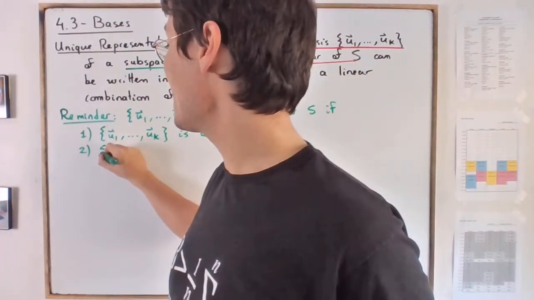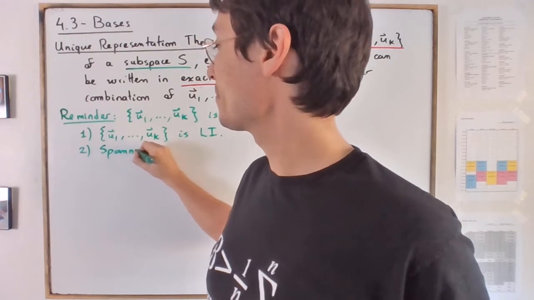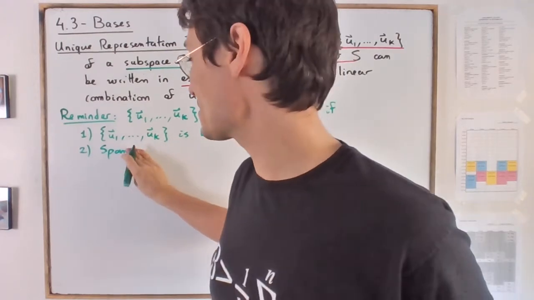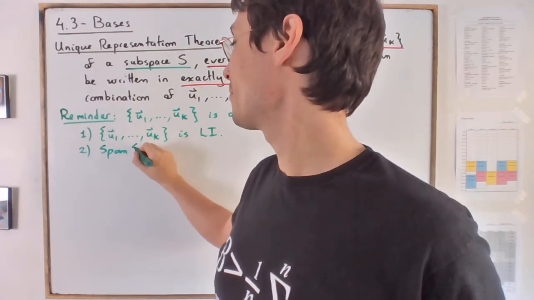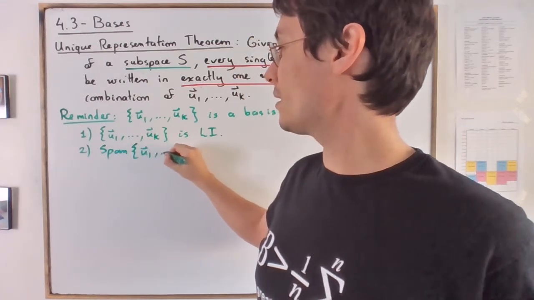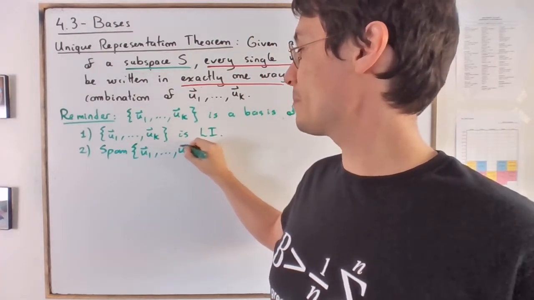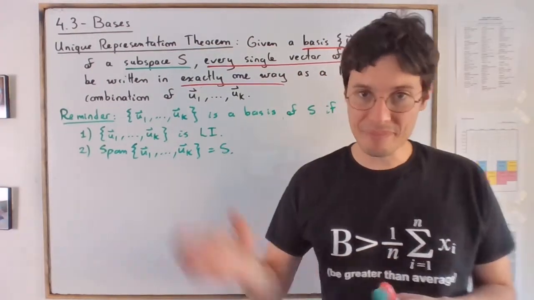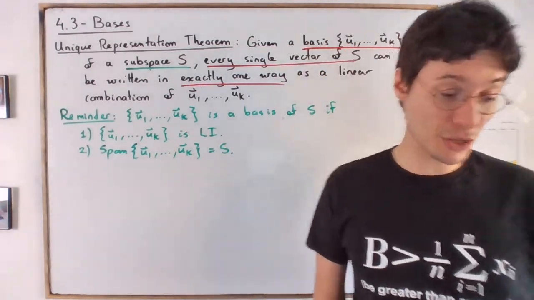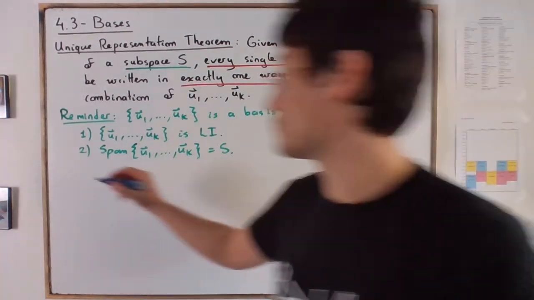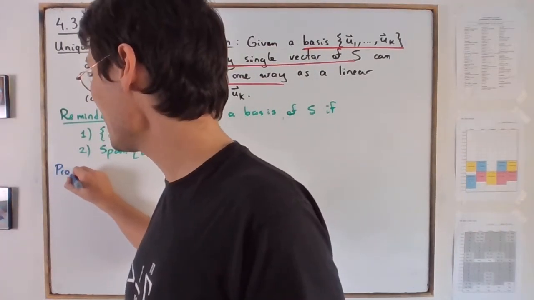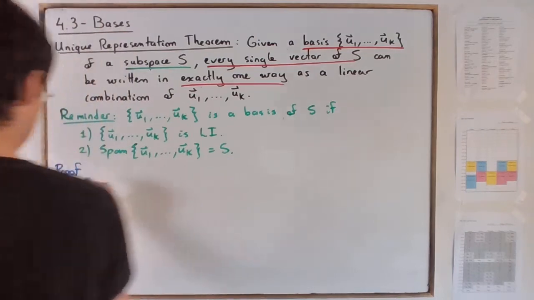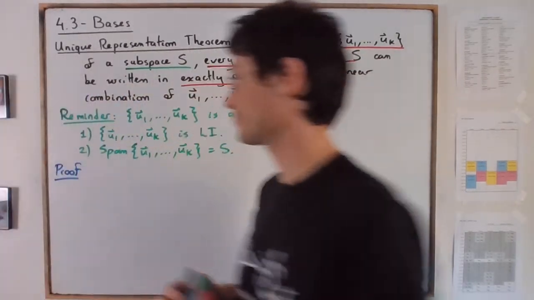In other words, it is a spanning set for S. So the span of U1 all the way up to UK is equal to S. Now that we have this definition on the board, let's proceed to the proof, which is a direct use of that definition.